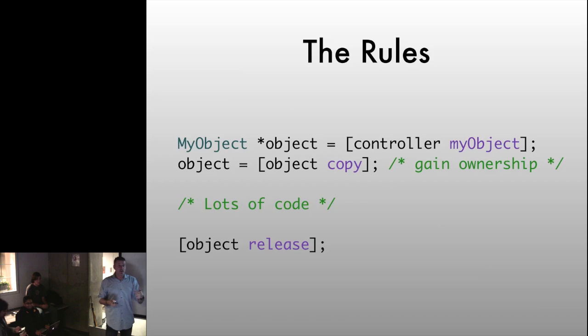So copy, on the other hand, says, all right, I've got this object. I don't want to mess with it, or it's immutable, right? And we want a mutable copy that we can mess with. So we make a mutable copy of it. That original object stays alone. We don't care. It could go away, whatever. We've got our own copy of it. Its reference count is 1, so it's not going away until we actually release it. Does that make sense? Okay.